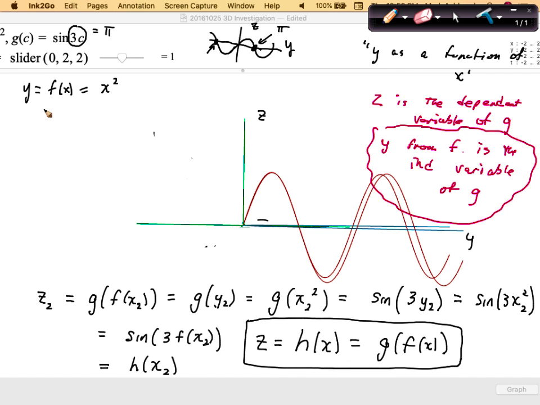And what do you see? g of y. It's all you see, right? Do you see anything to do with x there? No, you just see g of y, which is sine 3y.